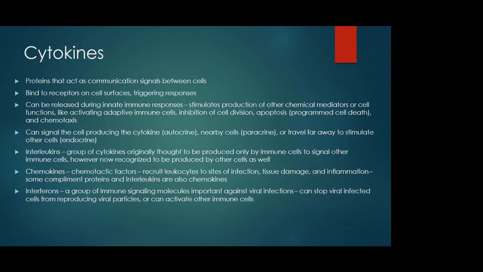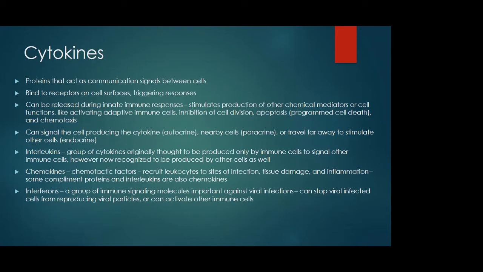Chemokines, like I mentioned briefly a couple of minutes ago, are chemotactic. They cause the recruitment of leukocytes to sites of infection. Leukocytes are your white blood cells, right? So chemokines are produced at sites of infection. They're also produced at sites where tissue is damaged, so wounds.